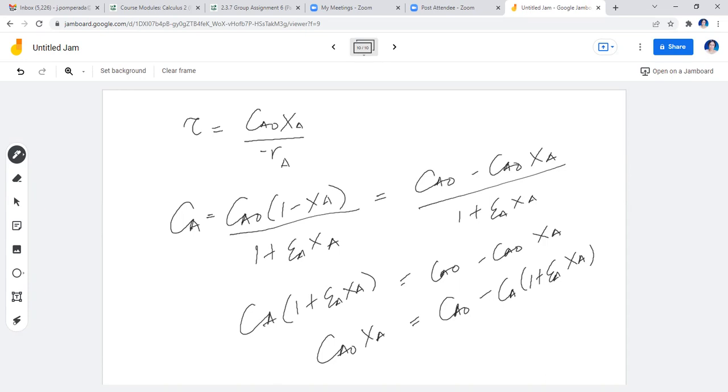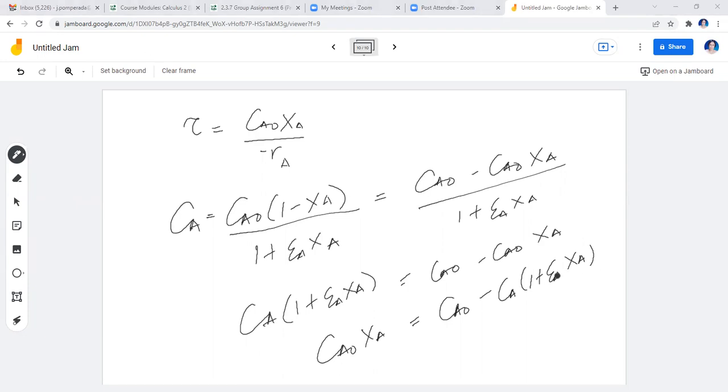But we still have a problem if you change it to this one. What's the problem? If you change your numerator, the CAO XA, to this expression, what is the problem? Correct. The XA is missing.